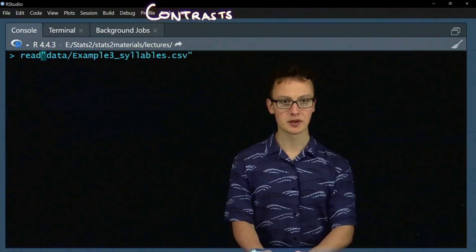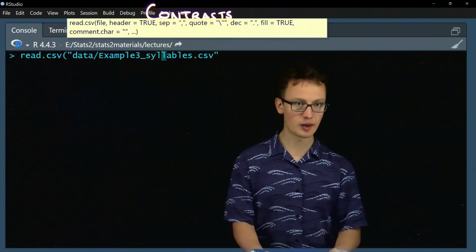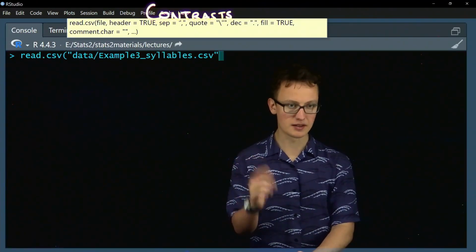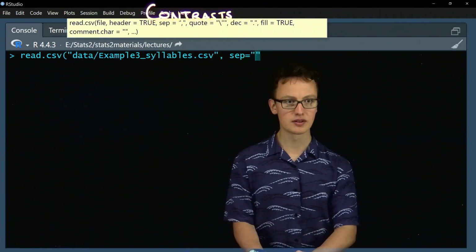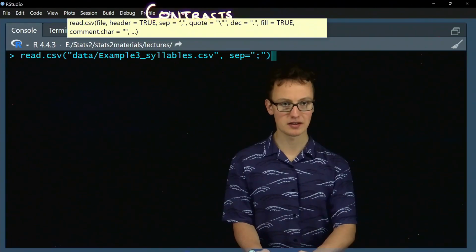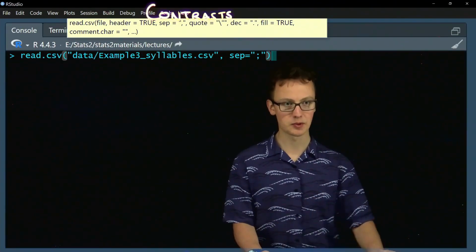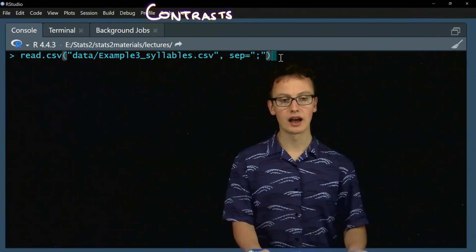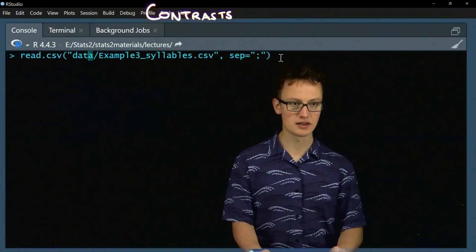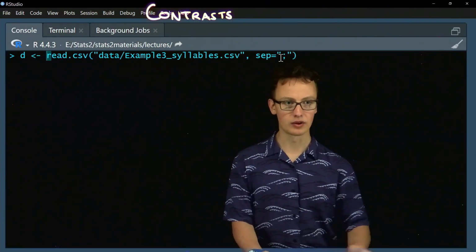So I'm going to feed this into the read.csv command. You can find this dataset on Moodle as usual, attached to the lecture notes. In this case, the file uses semicolons, not commas, as the separator character, so I'm going to have to specify this here as the sep argument. I can read this in and save it as a data frame called D.